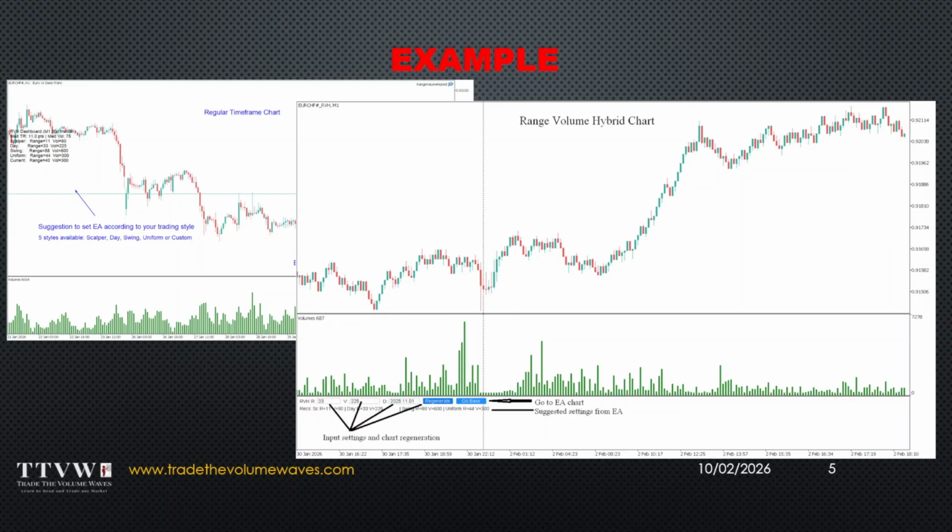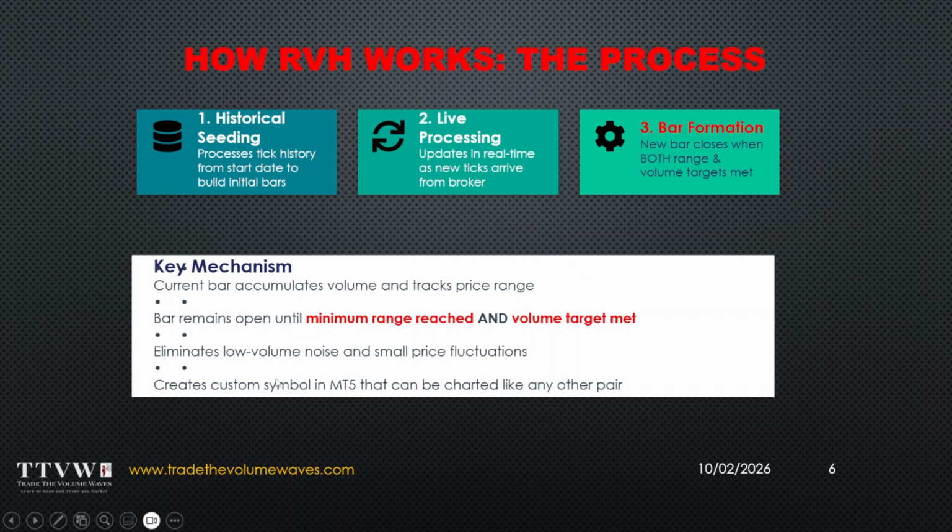You can regenerate with different settings without going back and forth to the EA. And with this go base button you can go back to your original chart. So it's very easy operation, changing settings without restarting the EA will regenerate, but we will do an example live later on. But let's continue with the theory.